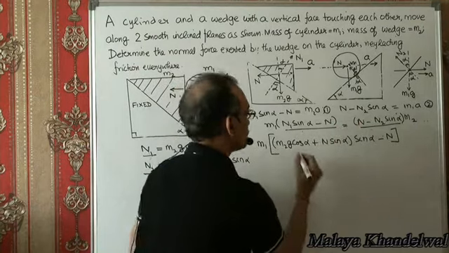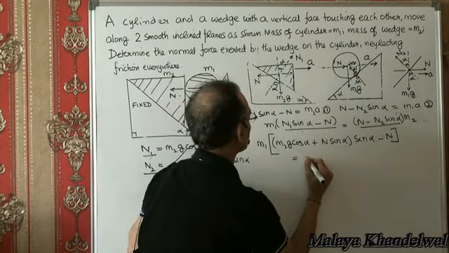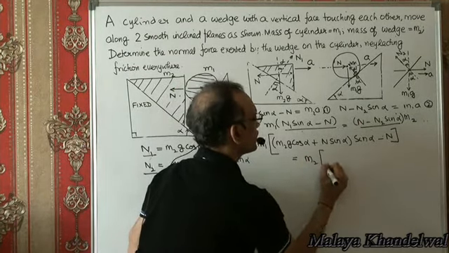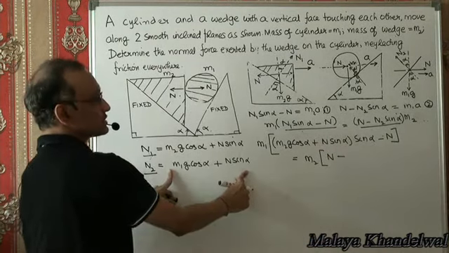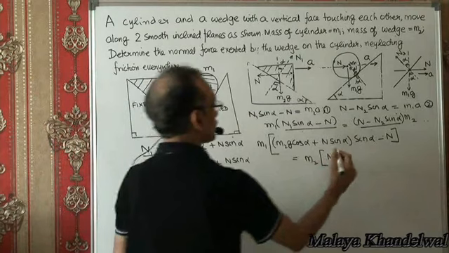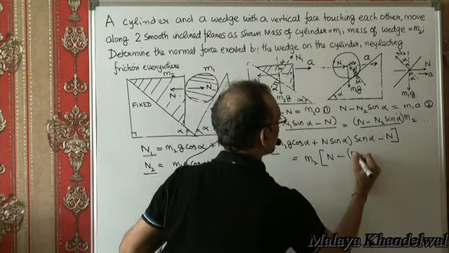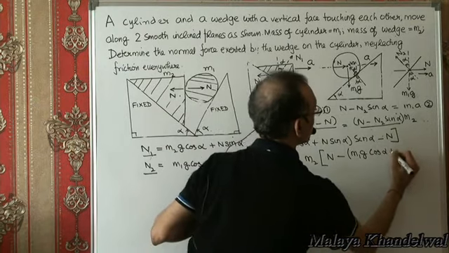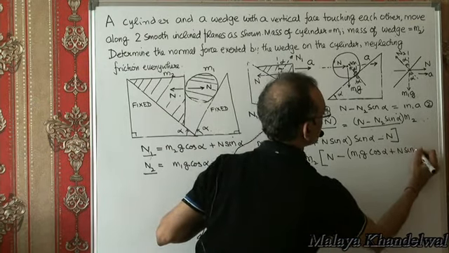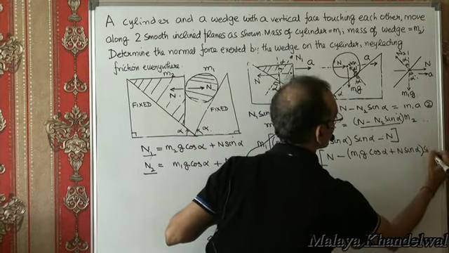That's equal to m2 into n minus n2, which is this into sin alpha, m1g cos alpha plus n sin alpha into sin alpha. This is what I have.